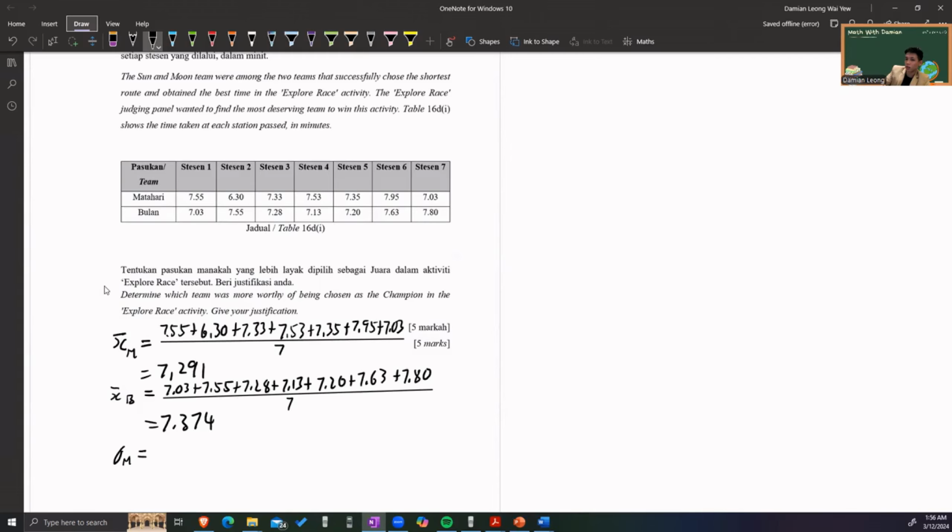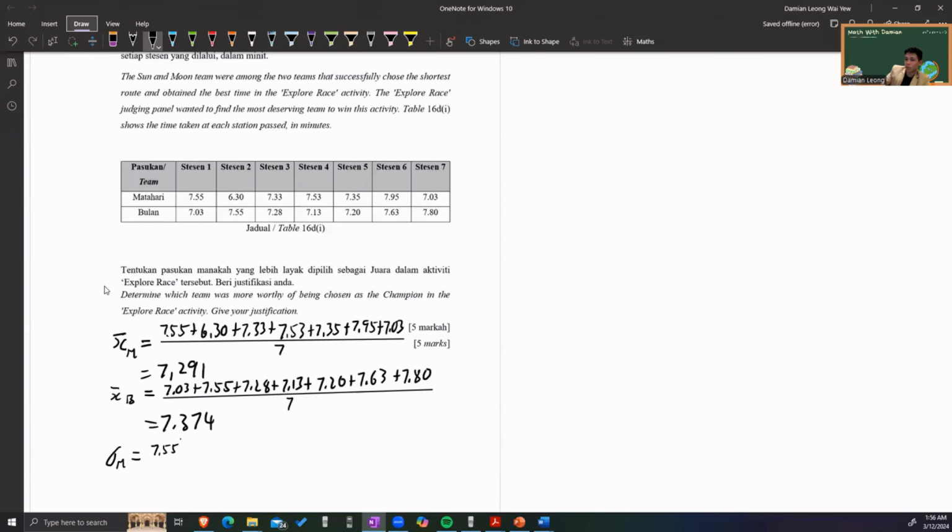Standard deviation, I have to find the sum of x square.